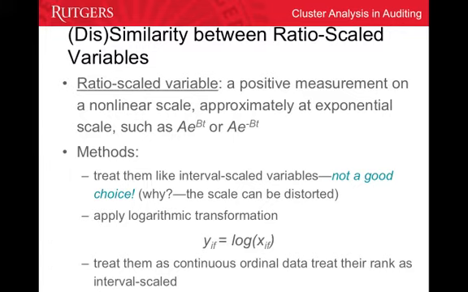Another variable that we may not have discussed before is the ratio scaled variable. It's just an exponential scale variable. It seems very difficult to calculate the distance between exponential scale variables, so we need to transform this kind of variable into other easily calculated types.